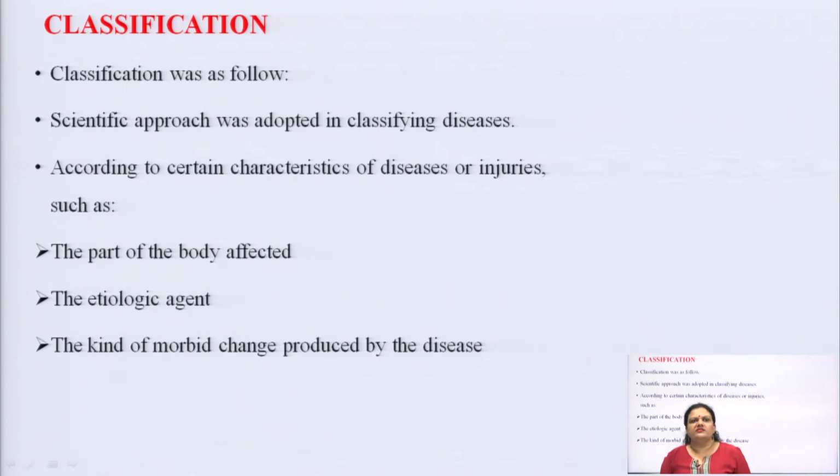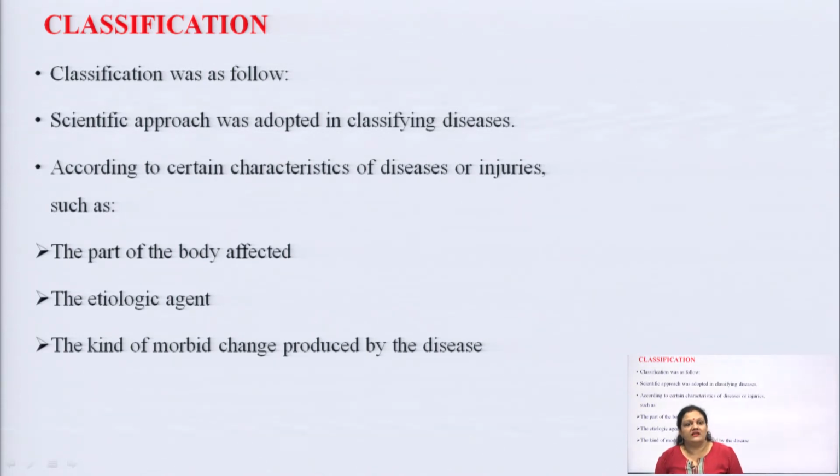So, according to certain characteristics of disease, meaning their salient features, a particular disease can be classified better according to its etiological features, the occurrence of diagnostic reports or the treatment schedules. Okay. So, according to certain characteristics of different diseases, or we can include here the different major injuries, like the part of the body affected.